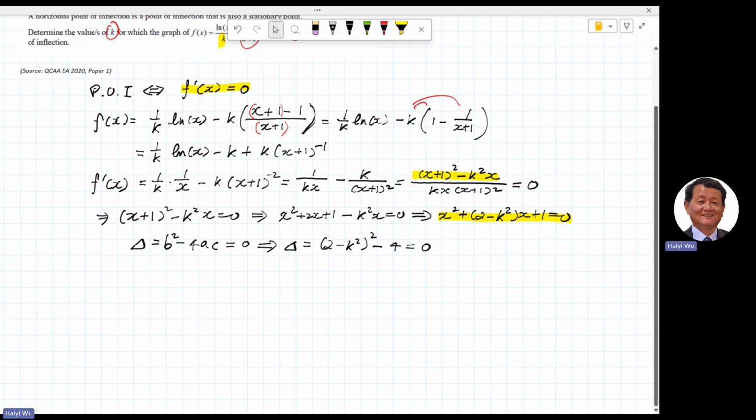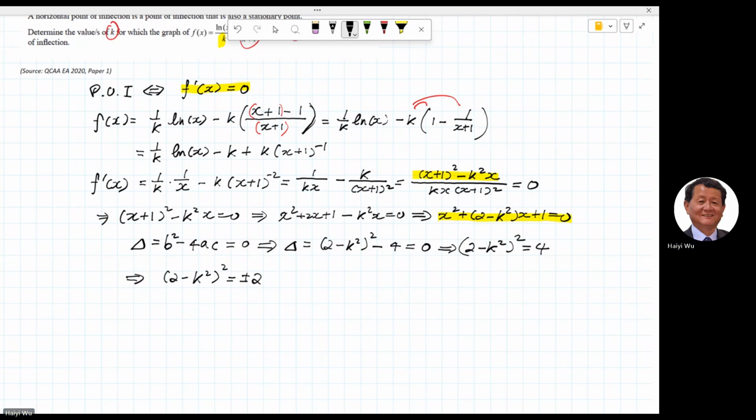Let's solve that: (2 minus k squared) squared equals 4. So that leads to 2 minus k squared being positive or negative 2.